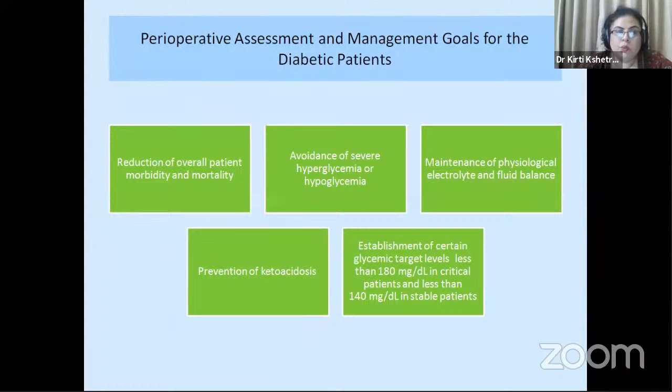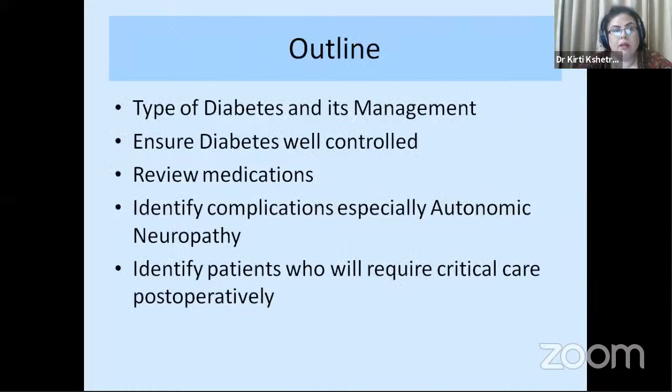Now, what are the goals we aspire to achieve when assessing a patient with diabetes preoperatively? Reduction in overall patient morbidity and mortality, avoidance of severe hyperglycemia or hypoglycemia, maintenance of physiological electrolyte and fluid balance, prevention of ketoacidosis, and establishment of a glycemic goal, which is 180 milligram per deciliter in critical patients and less than 140 in patients who are stable.